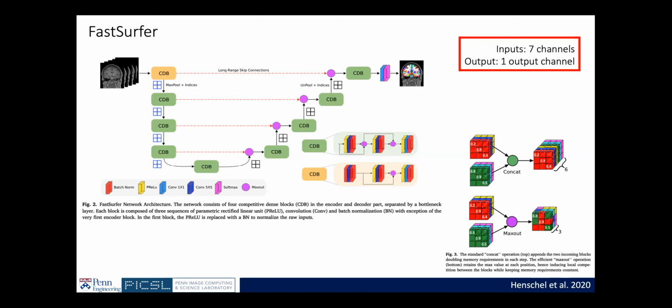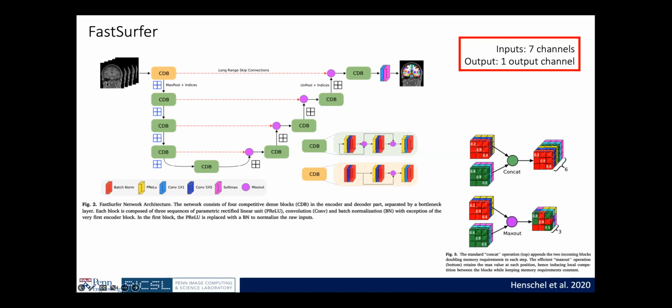Now, in this paper, what they do is they train this network in a slice by slice fashion. So let's say you have this coronal view of your brain. You take the entire image, so you can see the entire brain in one go.